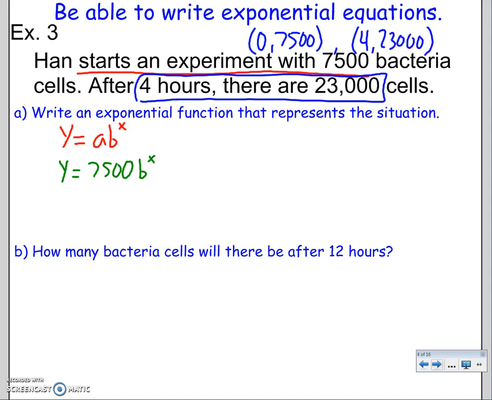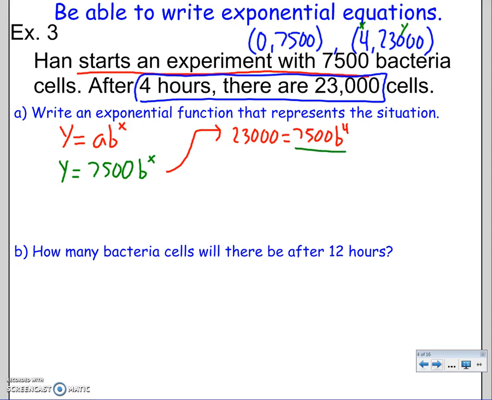So you see how that 23,000 is our new x and y? We can plug that in. So y is 23,000. That equals 7,500 times b to the x power, well, x is 4.